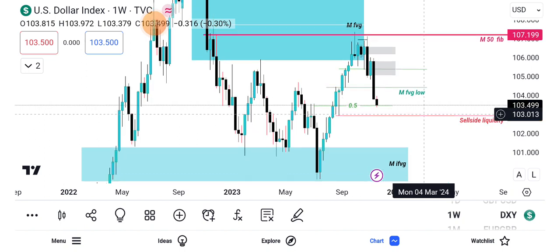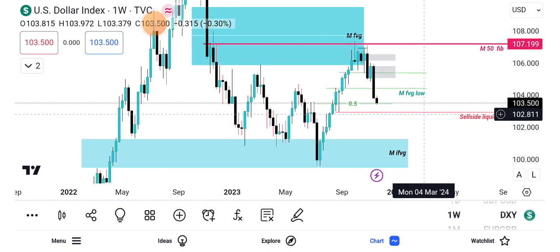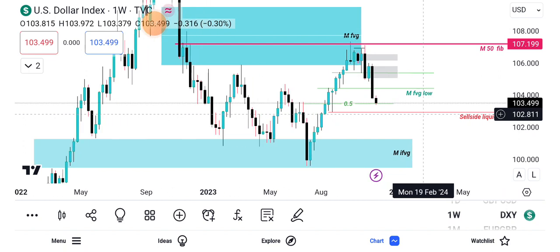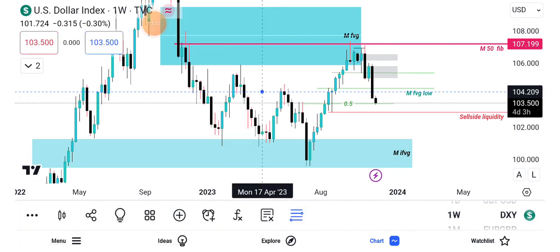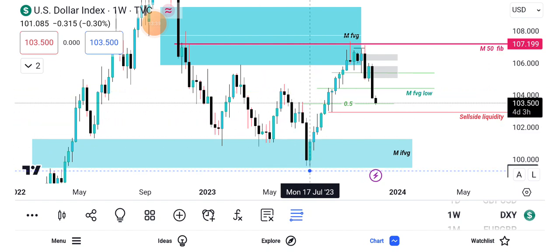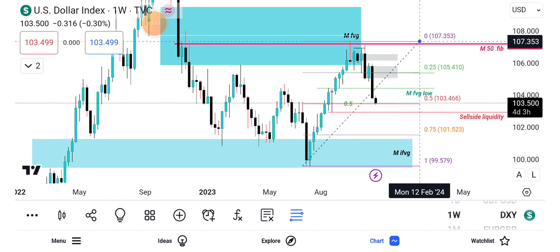And using this price leg, because we don't buy when we are in premium, we want to buy when we are in discount. So we'll be watching how price reacts, because I used my favorite tool, the Fibonacci tool, from the low to the high.